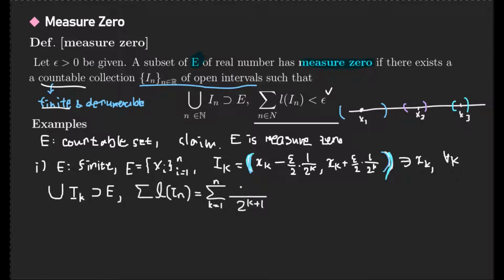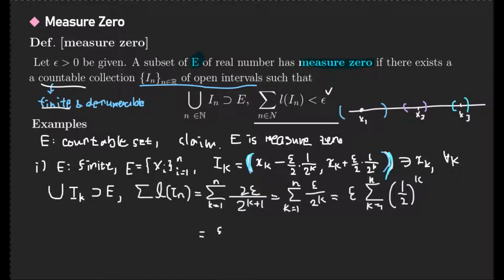This is a geometric series, epsilon times the sum of half to the k.